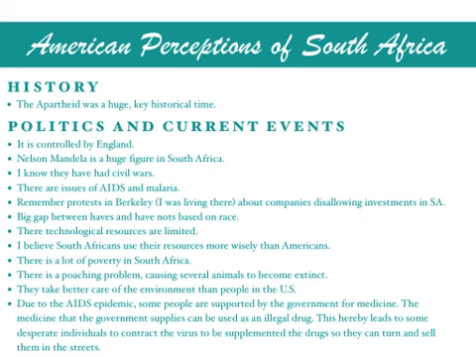There's a lot of poverty in South Africa. Poaching is a problem. Due to the AIDS epidemic, some people are supported by the government for medicine. The medicine that the government supplies can be used as an illegal drug. This leads some desperate individuals to contract the virus to be supplemented the drug so they can turn and sell them in the streets. So who knows where they got all this information, right? But it's a great conversation piece to start with.